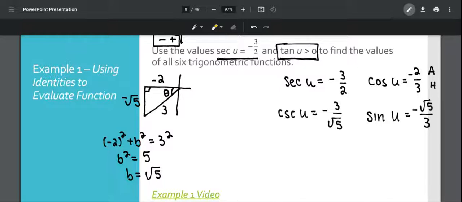They're just reciprocals. We could say that the tangent is opposite over adjacent, so negative root 5 over negative 2. And since they're both negative, it would be positive. And then the cotangent would be 2 over root 5.